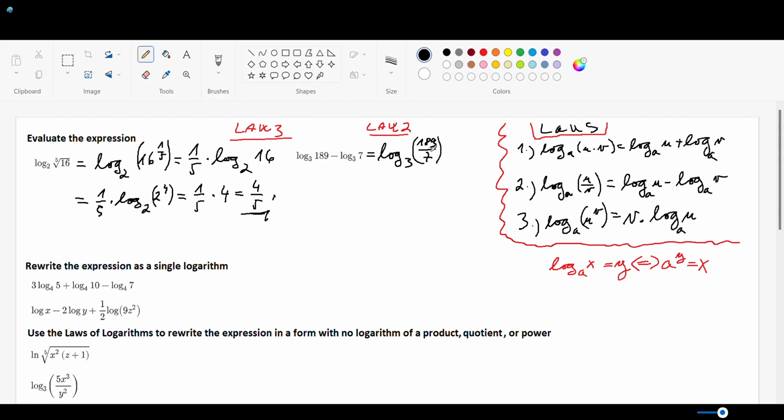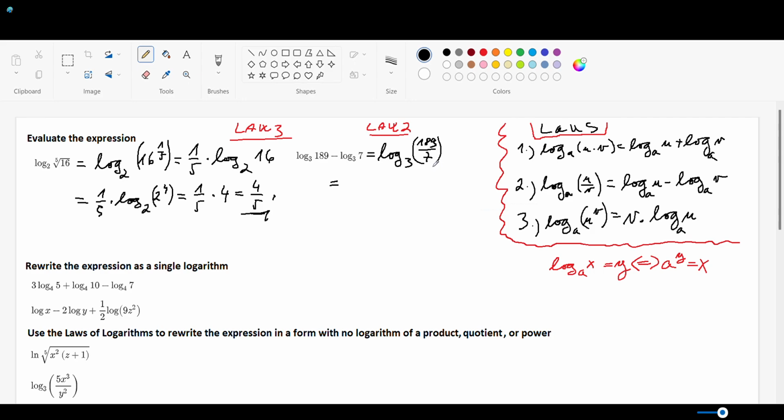Now if you have a look at these two numbers, the first thing you try to think about is whether it is possible to divide 189 by 7, and the good news is that it is.